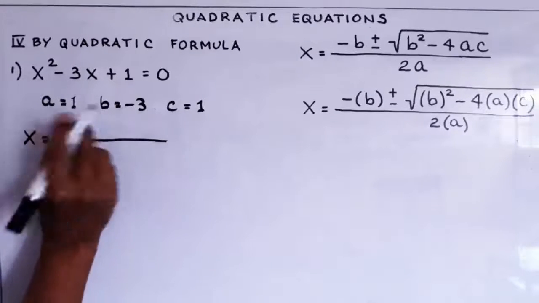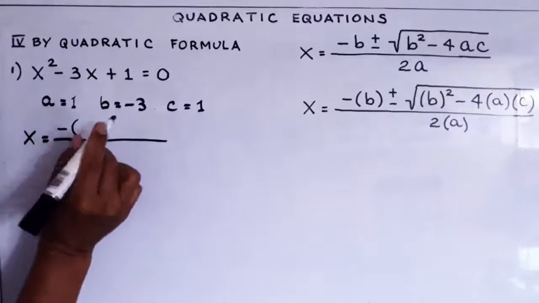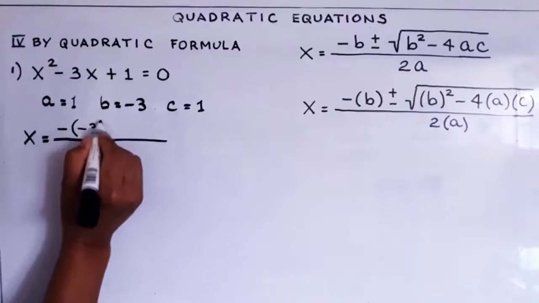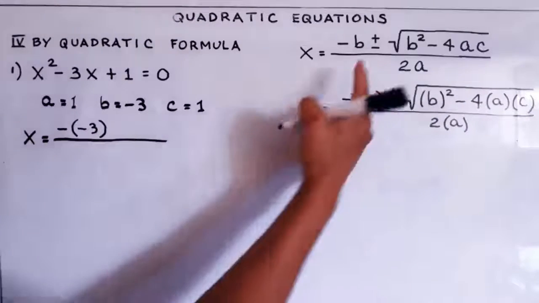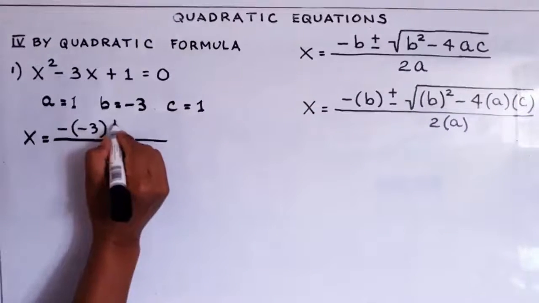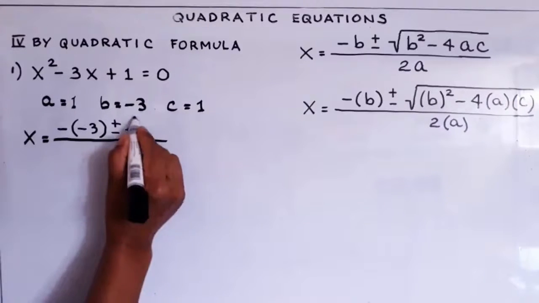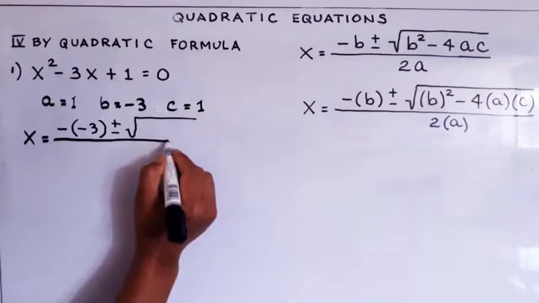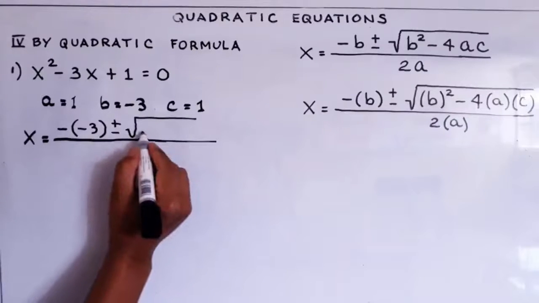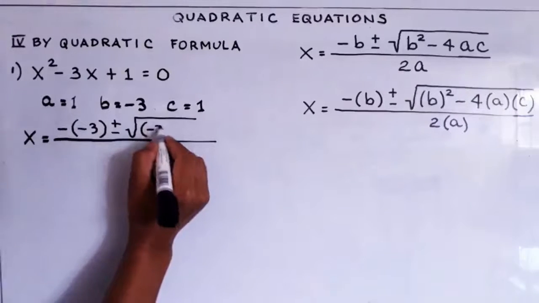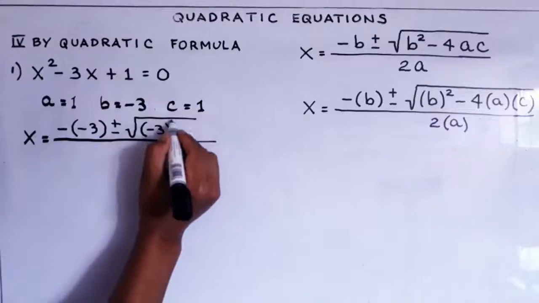If that is positive, you may leave out the parentheses. So that is negative 3. And then bracket again. Plus and minus. And then you have the square root. Here is the b, so enclose that one in brackets. b is negative 3, and then square it.